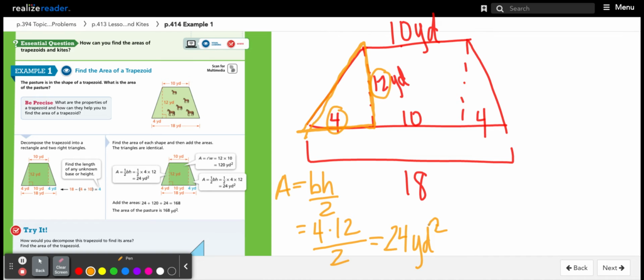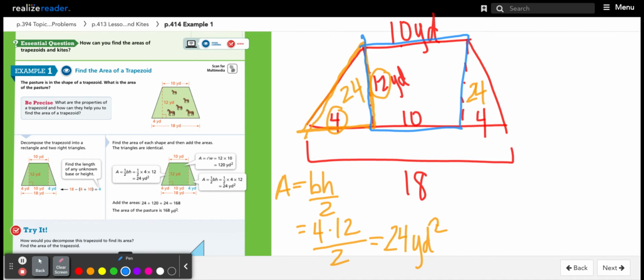So now, inside my triangle, I'm going to write 24. That's the area of the triangle on the left. That's the area of the triangle on the right. Because even though my picture doesn't look it, it's just a sketch, those two triangles are congruent. They are the same. So now, let's find the area of this rectangle.